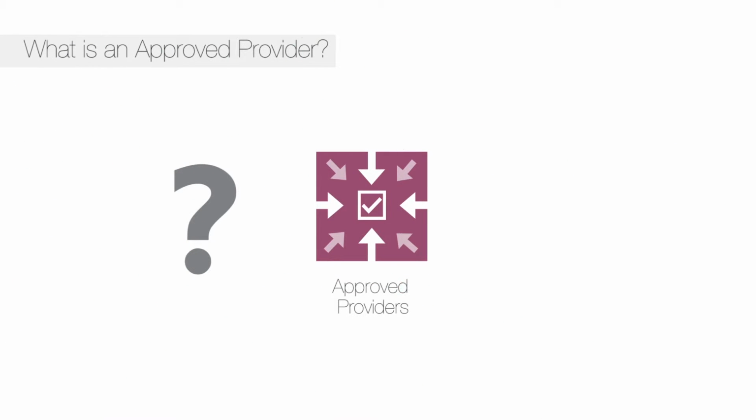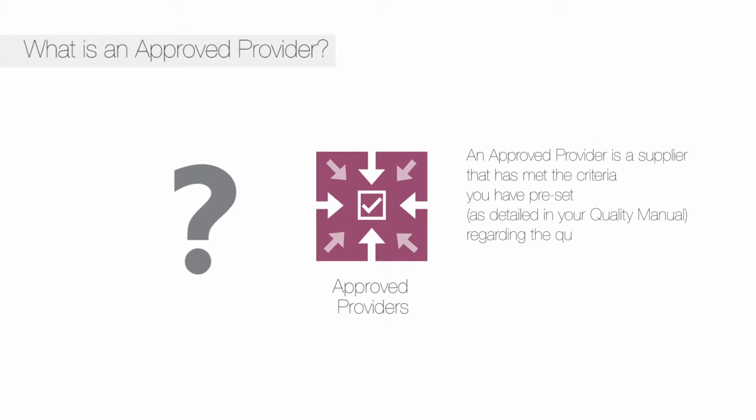So what is an approved provider? An approved provider is a supplier that has met the criteria you have preset as detailed in your quality manual regarding the quality of its product or service.